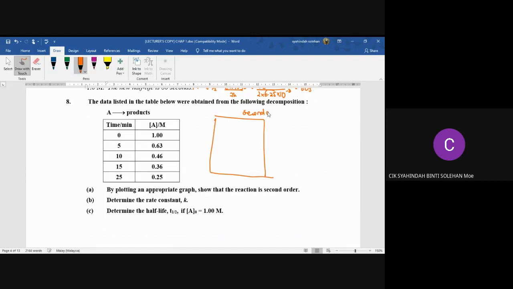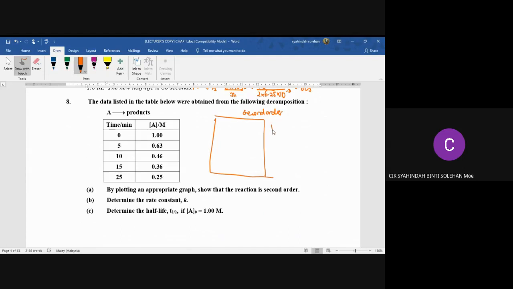Okay, second order graph. Okay, kalau graph second order, macam mana graph second order? Tengok balik table Miss bagi tu. Macam mana second order? Kalau second order, you nak plot graph apa yang you nak kena plot ni?